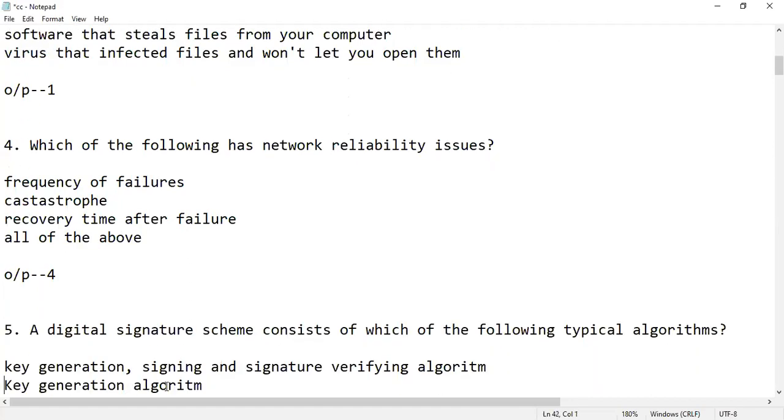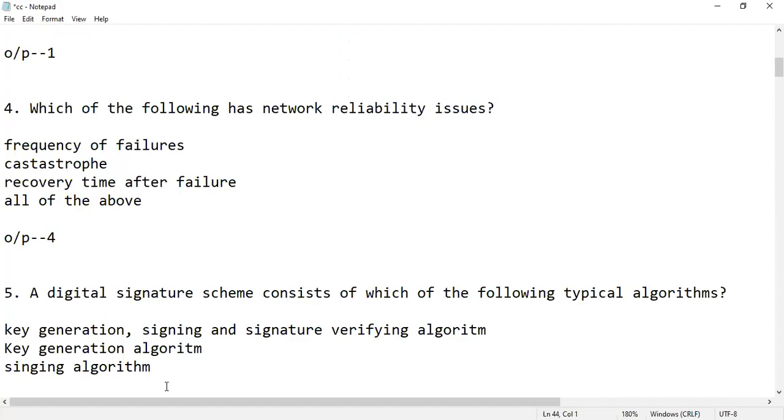The next question is, a digital signature scheme consists of which of the following typical algorithms? The options are key generation, signing and signature verifying algorithm; key generation algorithm; and signing algorithm.